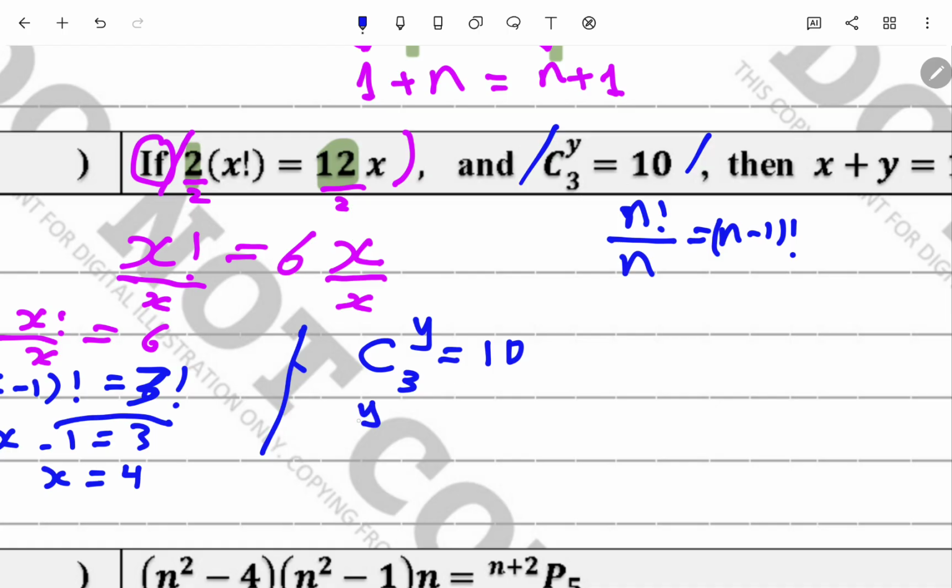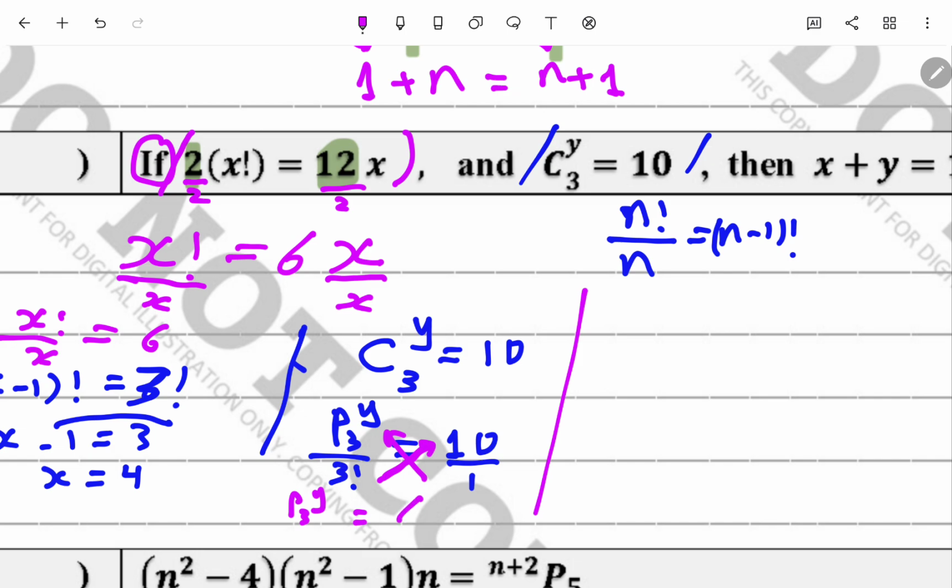We have 3 factors, so you can write it as y permutation 3 divided by 3 factorial equals 10. By cross multiplication that will give you y permutation 3 equals 6 times 10, which is 60.